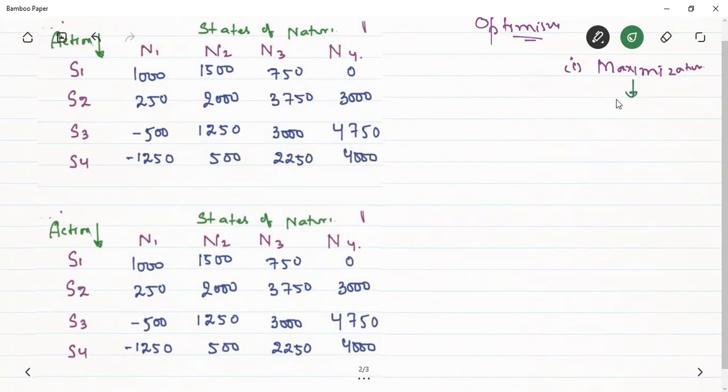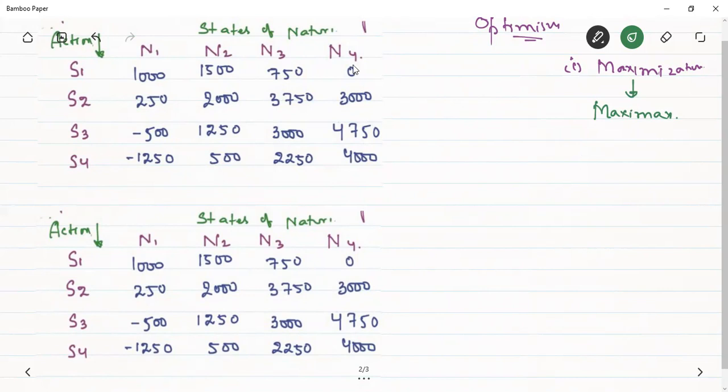Since this is a problem of maximization, I will use the Maximax criterion. That is, for each action I will calculate the maximum value or maximum payoff, and after that I will select the maximum among all those maximum payoffs.